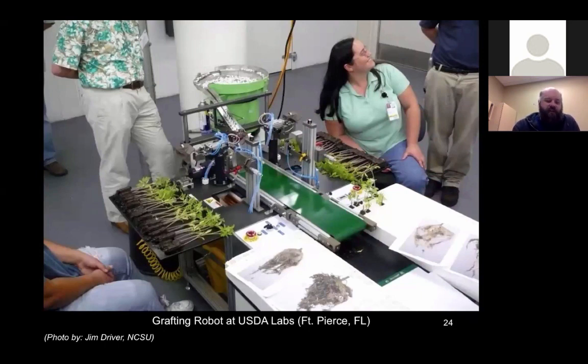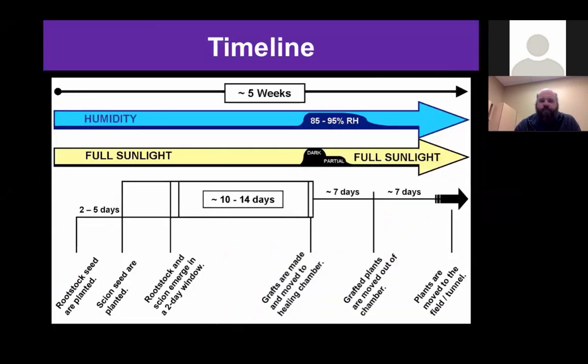This machine could graft 700 plants an hour, but it also took 3 people to run it. You can see there was a person inputting scion and rootstock on either side, and then a person receiving those grafted plants as they come off this green conveyor belt. So, if you multiply 3 people by 200 plants an hour, you're probably still in a pretty similar range as the robot, but it's still something kind of fun that's going on.